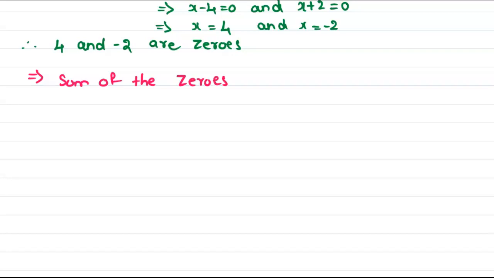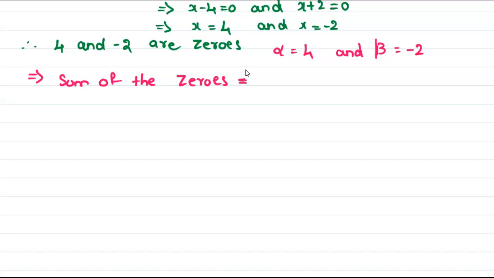From the above information, let us assume that alpha is equal to 4 and beta is equal to minus 2. We assume alpha and beta are the zeros of the given polynomial.